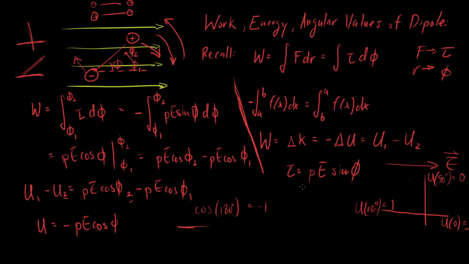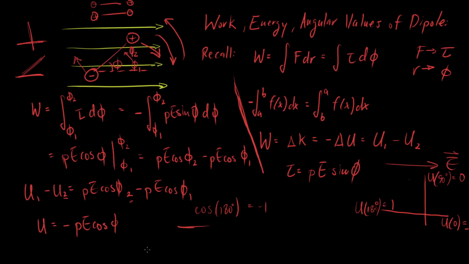Both are equilibrium points, but the only difference is that a tiny perturbation here will cause this dipole to swing quickly over, versus a tiny perturbation when it's parallel will cause it to swing a little bit and then oscillate backwards really quickly. So you can easily understand that conceptually.